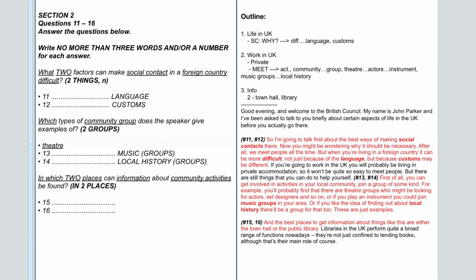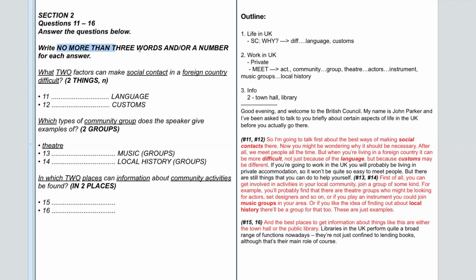So think of it this way. Words like articles such as the or an are not necessarily obligatory because they don't make a difference in the answer. Also, words that are listed in the question, so in this case, group, they're not necessarily obligatory, but you'll notice that you can include them and they're usually always within the word limit.